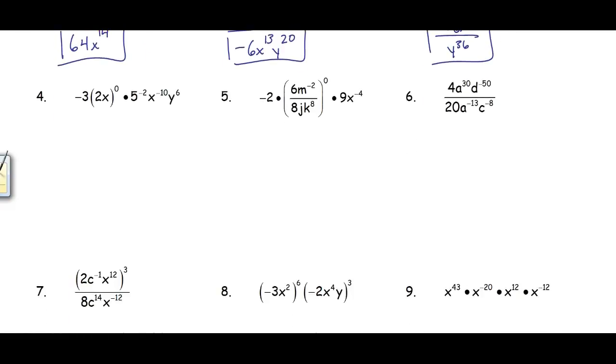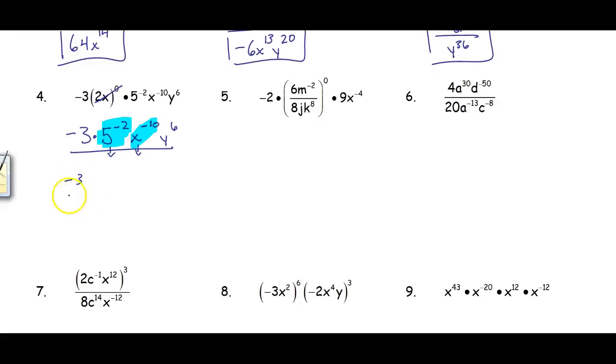All right, number 4, simplify the most you can. Here you can cross those out. So it's -3 times 5 to the -2nd power, x to -10, and y to the 6th. So here you want to move numbers to the bottom. So here you're going to move 5 to the -10th and x to the -10th to the bottom.